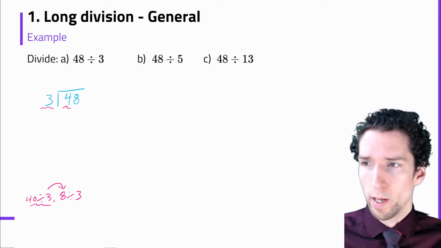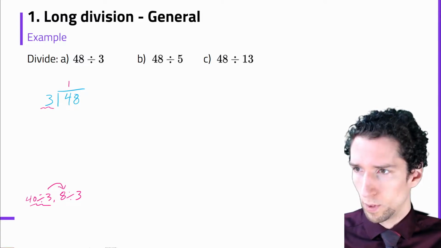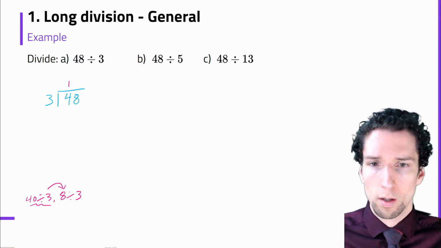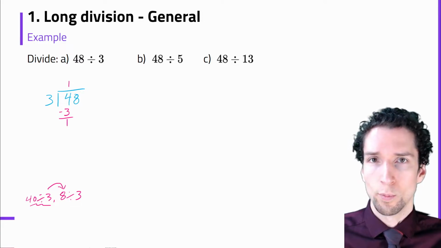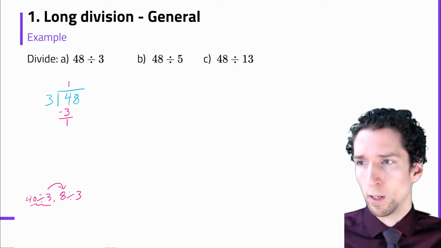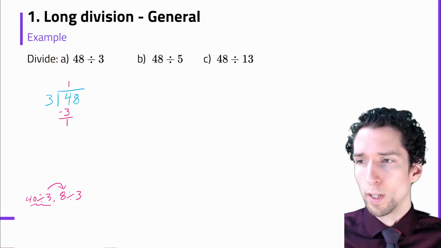Well, 1 time. 1 times 3 would give us 3 here. So it goes in that many times, and then our leftover is this 1. This is in the tens position, so really it's 10. So there's 1 left over.